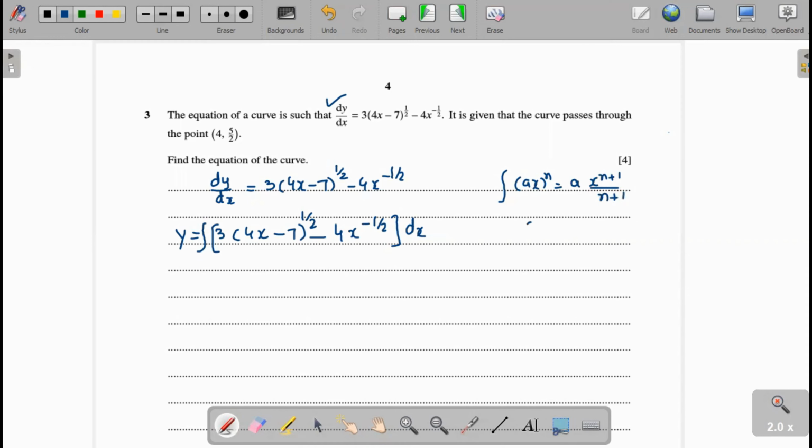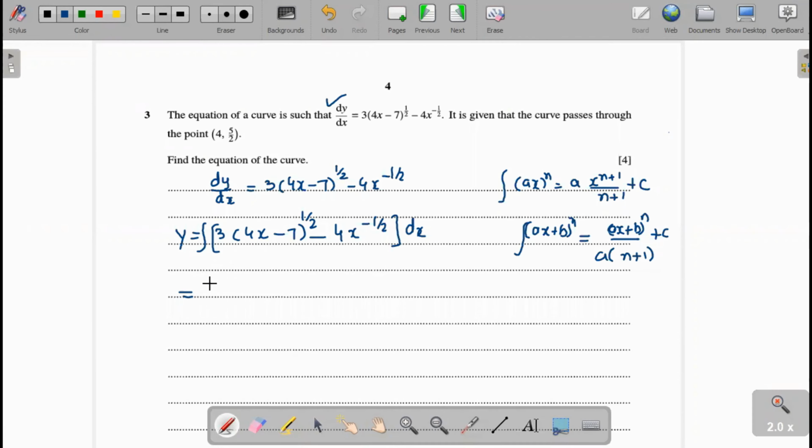And the second formula is the integral of (ax plus b) to the power n, which is (ax plus b) to the power n plus 1 over a into (n plus 1), plus c.